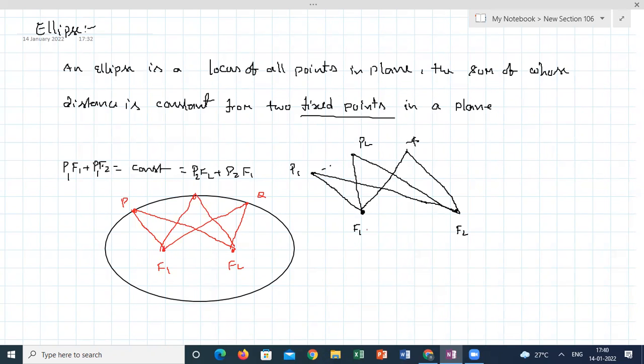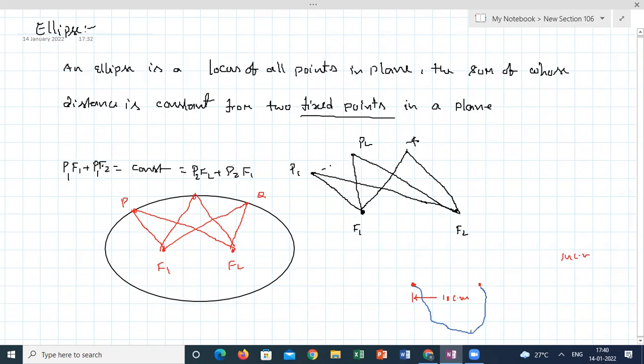Even practically, we can draw the ellipse very easily. You can take 2 pins on a pin board and fix them here, and take a thread. Suppose the distance between these 2 pins is 10 centimeters, and I take a thread of 14 centimeters. The thread will not be tightened; it will be loose like this.